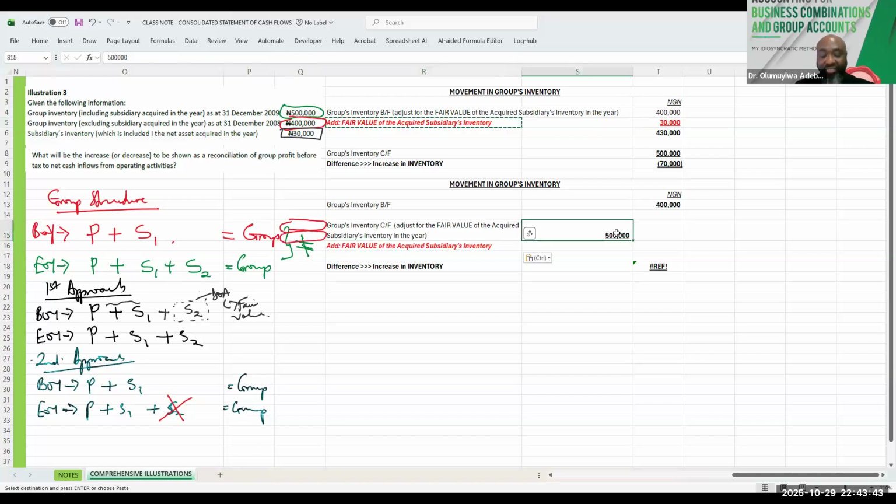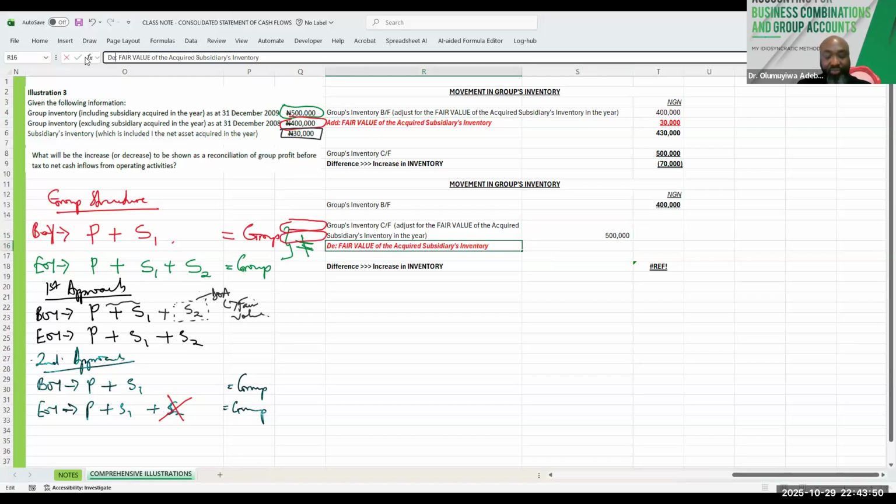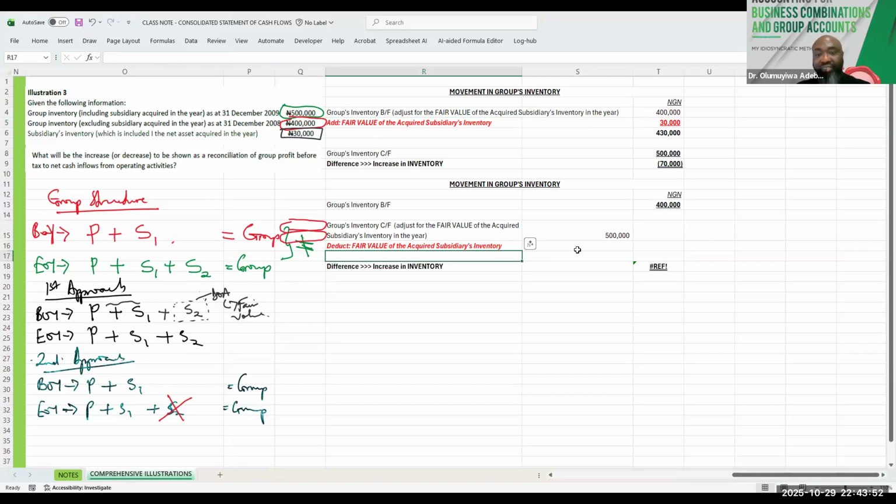Delete means I remove. Therefore, I'll come here, I'll say deduct the fair value of the acquired, which is what? 30,000.